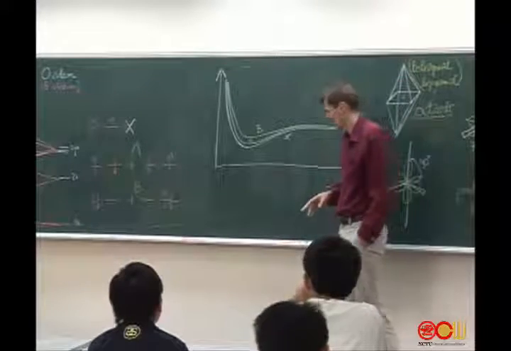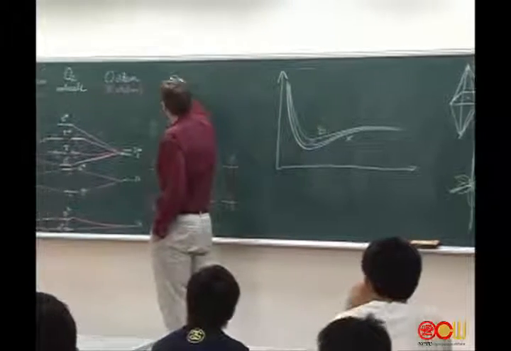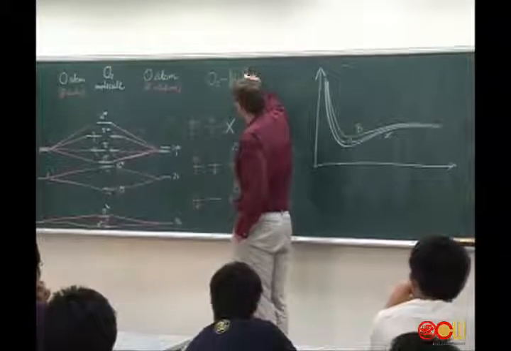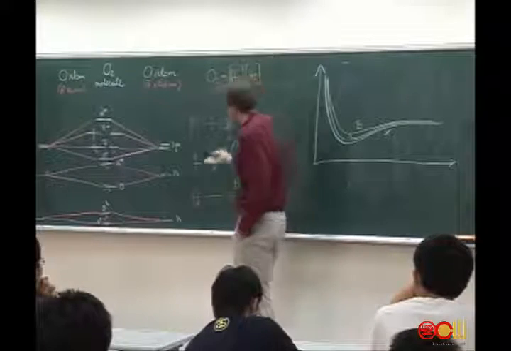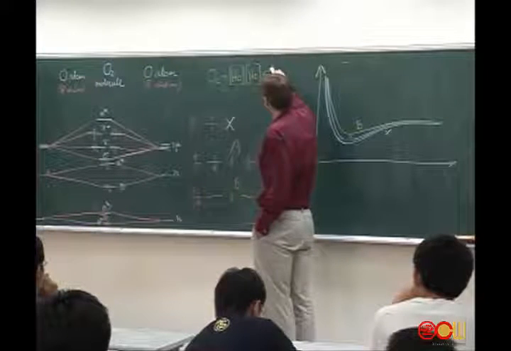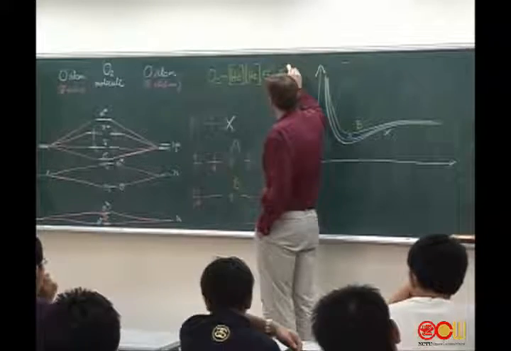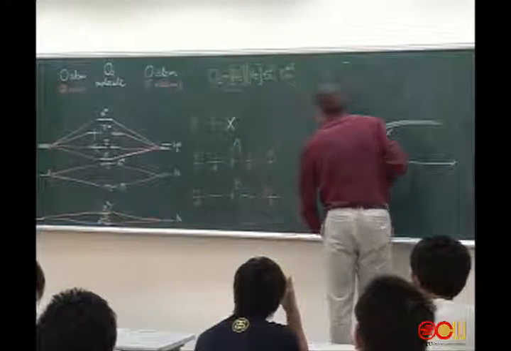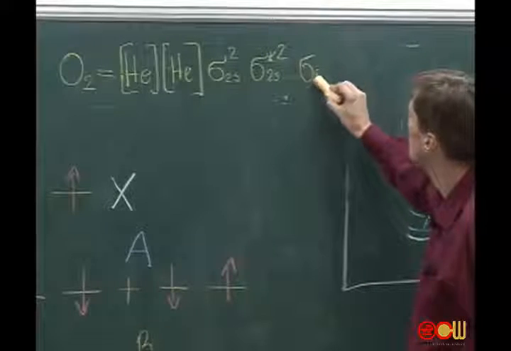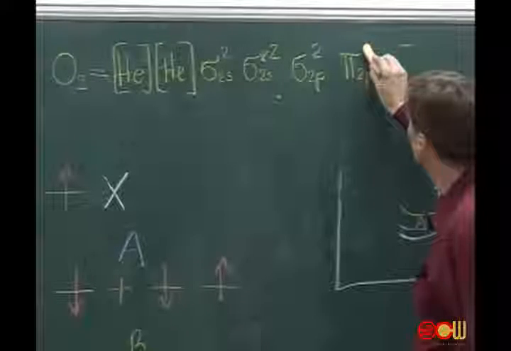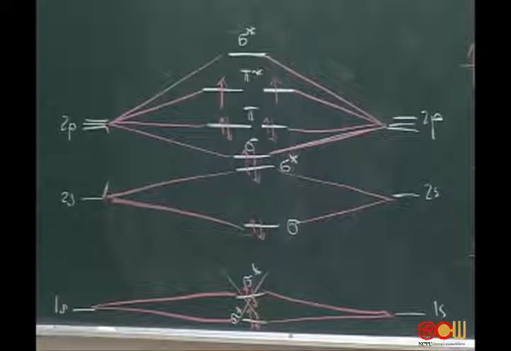You just remember that when I write the oxygen molecule, O2 is helium-like core, I described this one already, then sigma 2s 2, sigma 2s antibonding 2, then sigma 2p 2, then pi 2p 4, then pi antibonding 2.